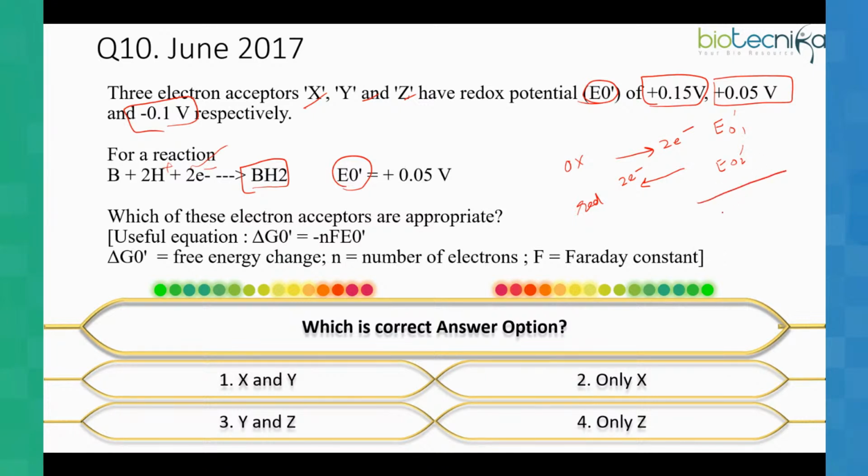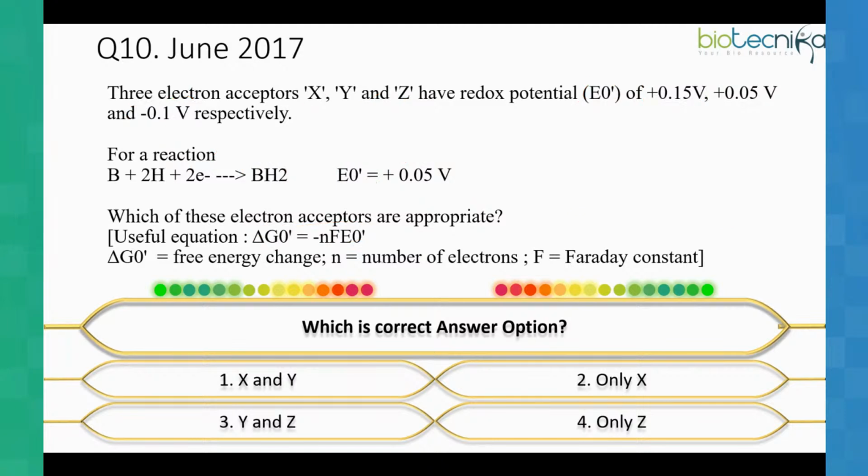If you want to find out the delta G by using the formula delta G is equal to minus NF E0, then you have to take the net E0, which is including the sign. That is, it will be E0 dash 2 plus E0 dash 1, including its signs. Okay, so here already for 1 E0, they have given plus 0.05 volt.